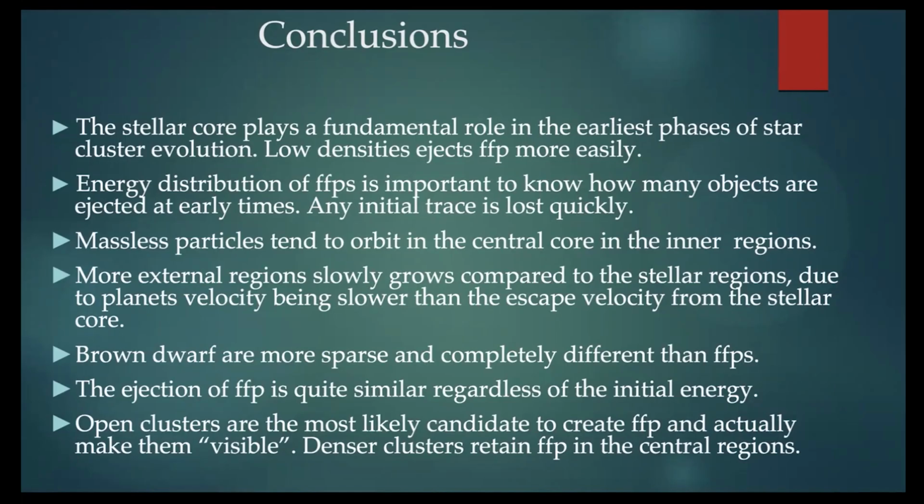Here we are just at 100,000 stars. While for open clusters that are not so dense, but have a lot of free-floating planets, we should have a very high percentage of free-floating planets. That's the end of my talk, and I'm happy to answer questions.